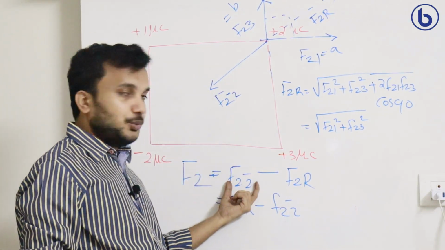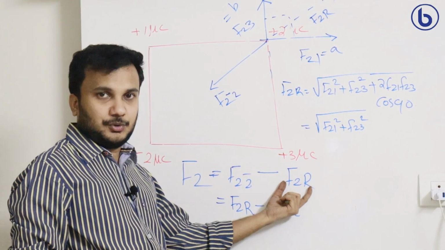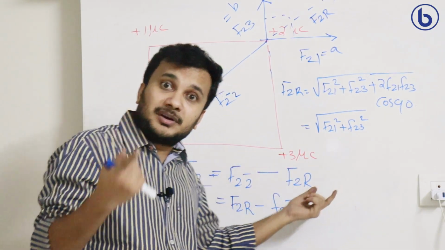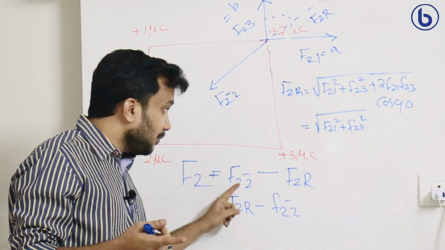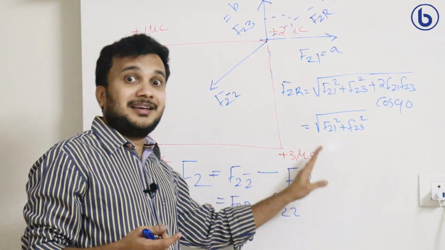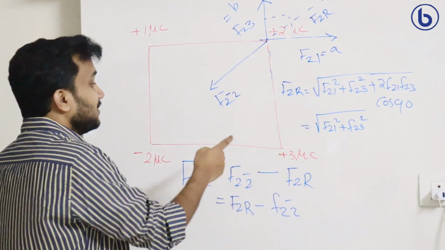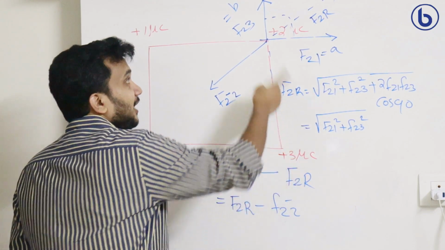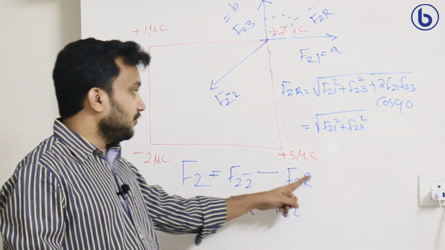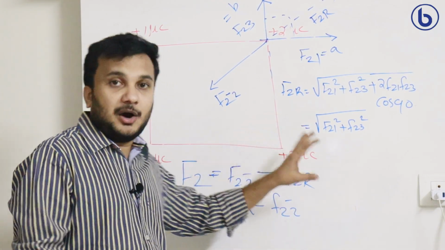Suppose one person does it like this and subtracts F2R from F2 minus 2, and gets a negative number. When you get a negative number, you are subtracting a higher number from a smaller number. This will be smaller, this will be higher, so you get a negative sign. Negative sign means it is in the direction of F2R. Understood? How do you get a positive number?